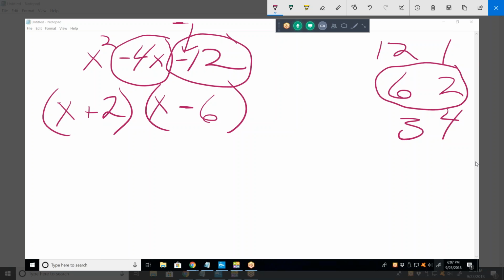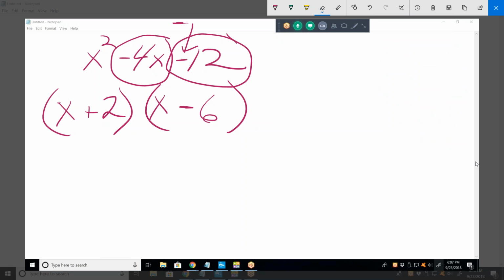Okay? Now, let's talk about checking our answers, because there's 2 ways to check your answers. One, you could multiply those 2 factors out that we just came up with and see if you get the quadratic. But in all honesty, you would be wasting a little bit of time.